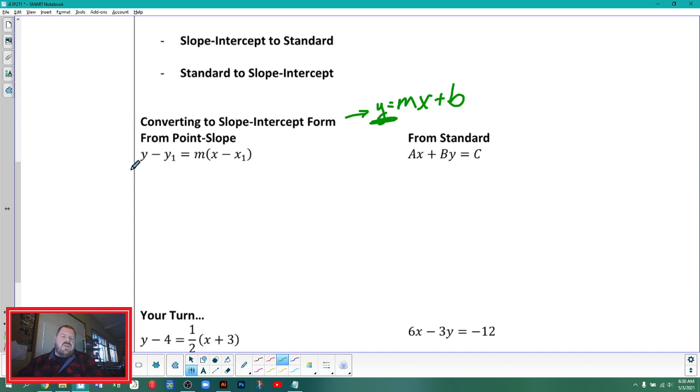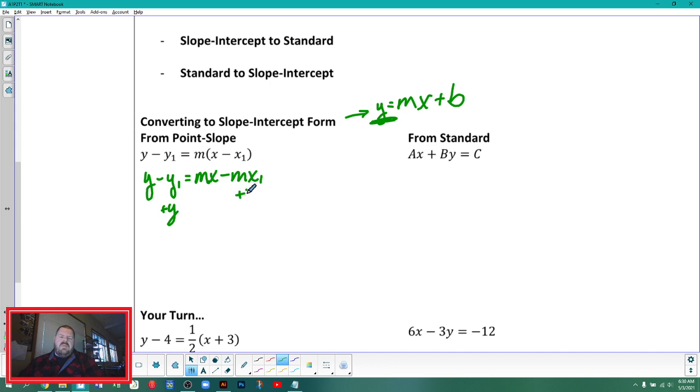And so if I want to solve this one for y, and again, I did this yesterday, but I'll do it again. I really want to distribute first, and then I want to add y to both sides.